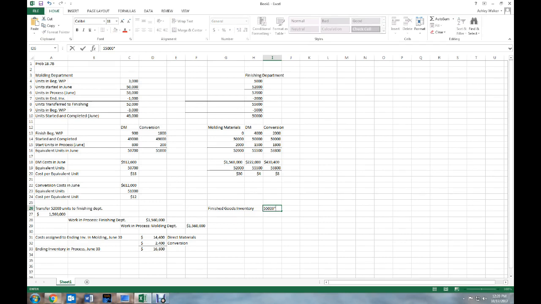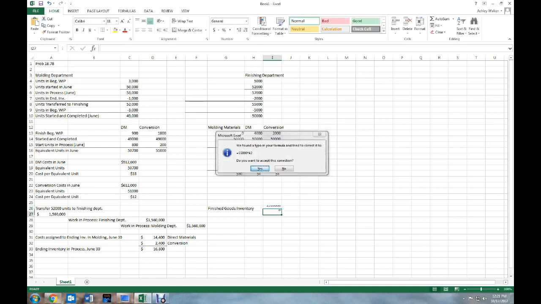Now, what were our total costs? Oops, forgot an equal sign. We're going to do it in one step and do it in our heads. We know how much molding materials were per unit: $30. Direct materials were 4. Conversion was 8. So we have a total of 30 plus 4 plus 8, which is $42. Okay.